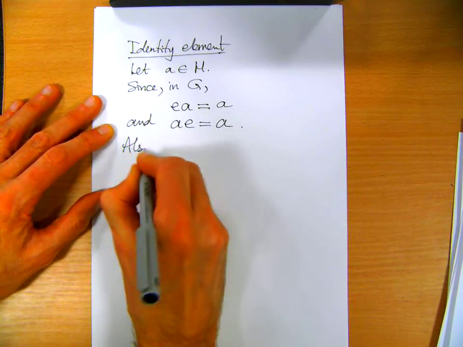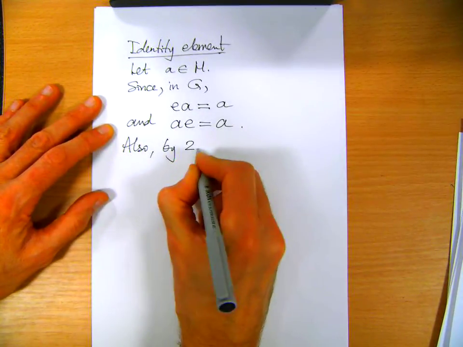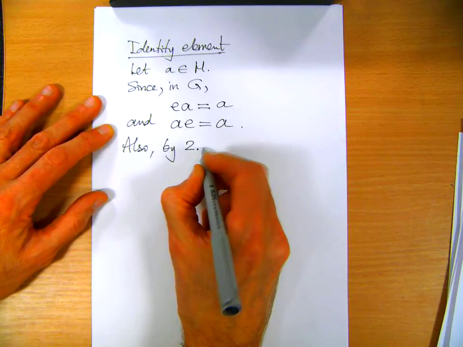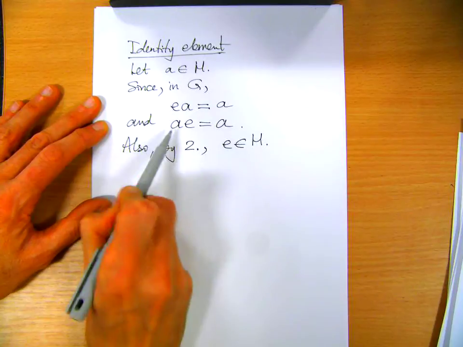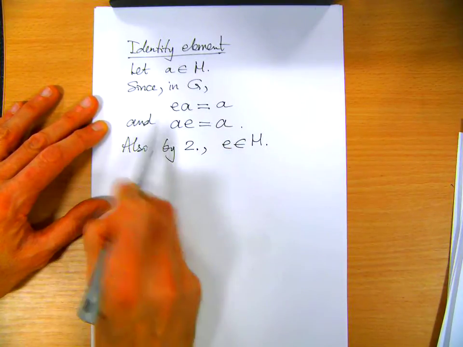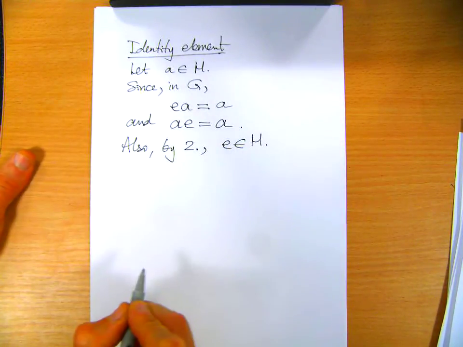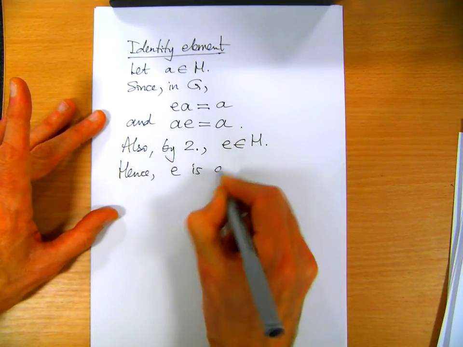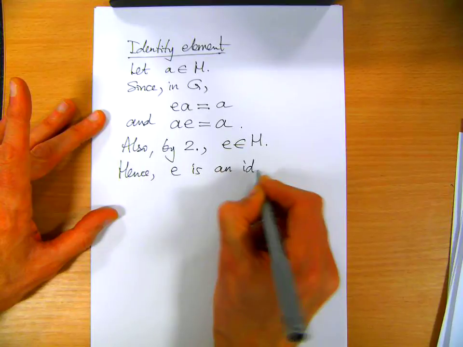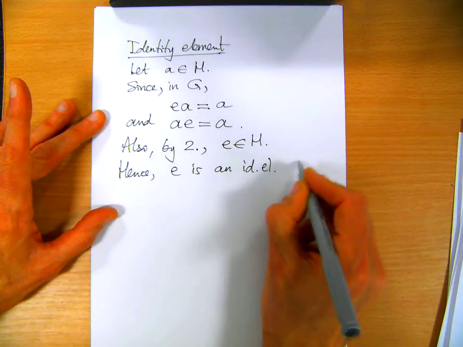So also by condition 2, which remember we are assuming, E is in H. So these two equations and the fact that E is in H mean that E is an identity element for the binary operation on H.